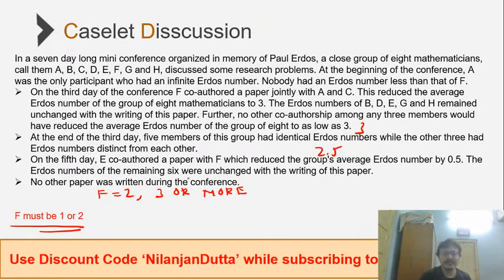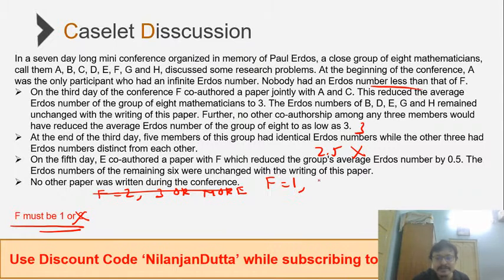Correct? Because F is the least one, so if F is 2, everybody will have an order of number of either 3 or more. In that case, the group's average will not be 2.5 ever. Nobody else has an order of number less than that of F. So if F is 2 and everybody is 3 or more, you can never get to an average of 2.5, which means F equal to 2 is incorrect. So the only solution is F is equal to 1.